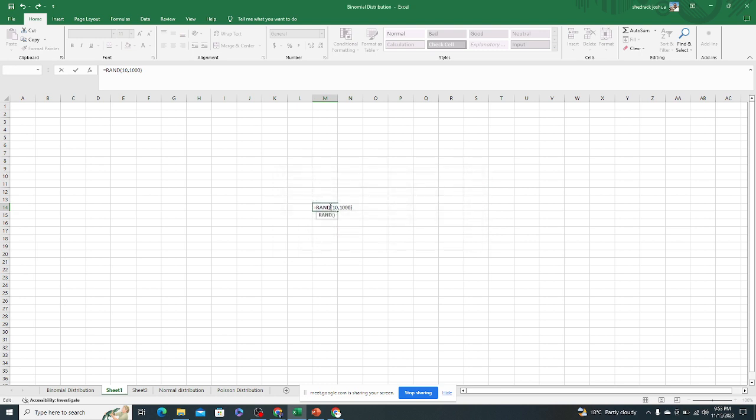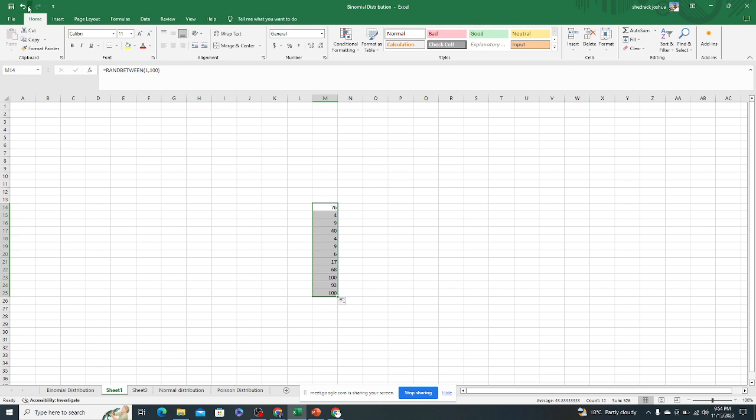Let's assume I want to do a random between a top and a bottom. If I want to generate random numbers between 1 and 100, like a sample of 100 people, I can just do some random generation.